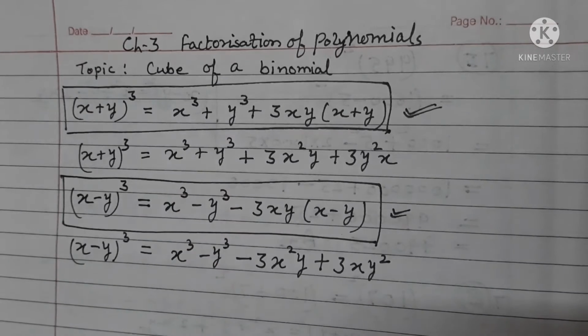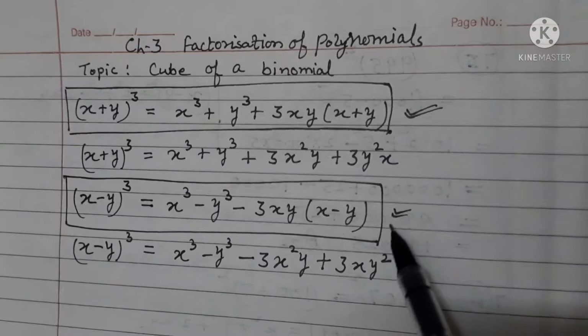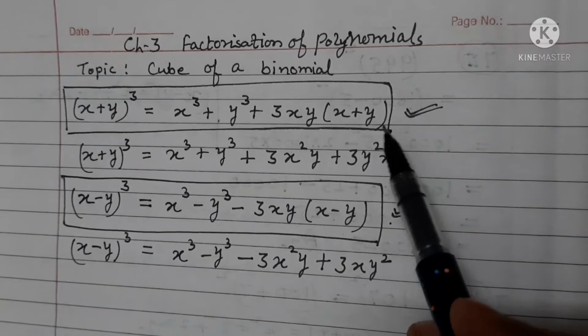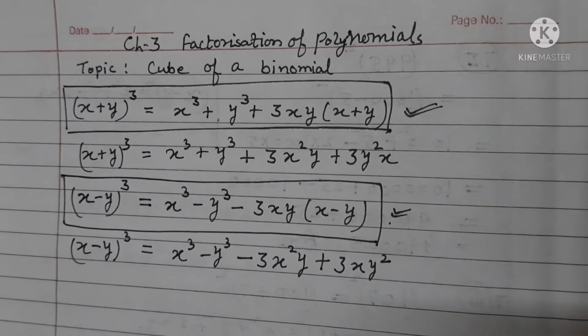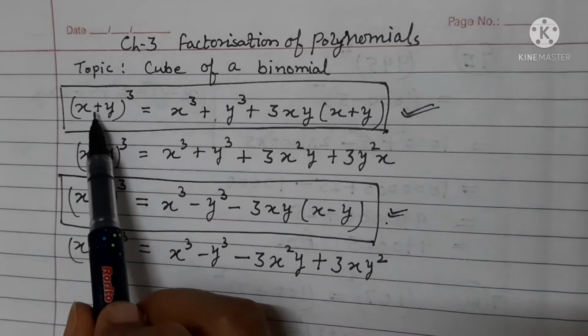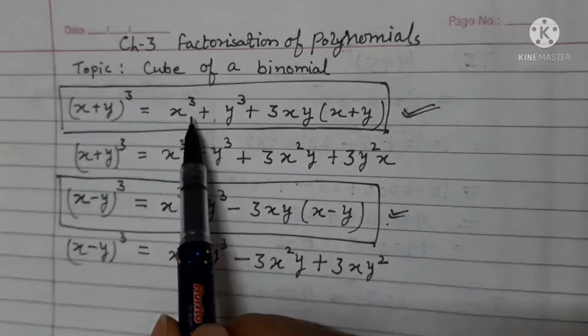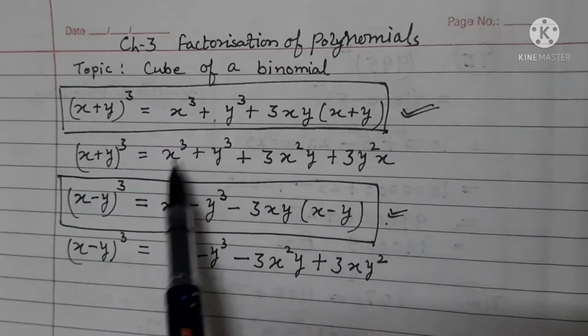of these formulas. So students, you have to learn these formulas, and we will do exercises with the help of these formulas. For learning purpose, for the plus sign all the terms are linked with positive signs.